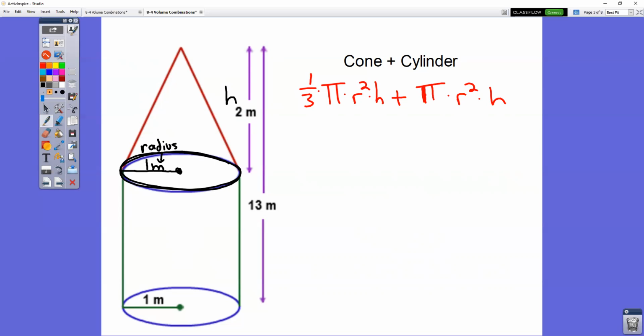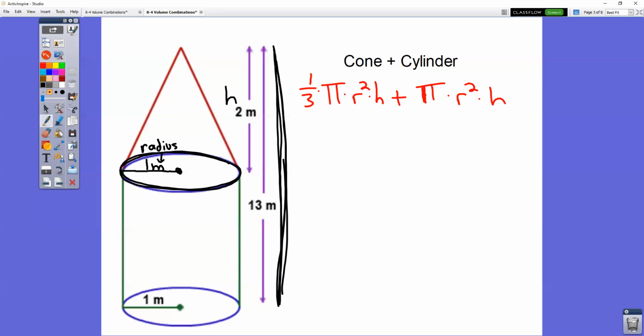Now, they try and trick you with the height of the cylinder. Notice that the 2 is the height of the cone. This 13 goes the entire length of our whole picture, not just the cylinder.